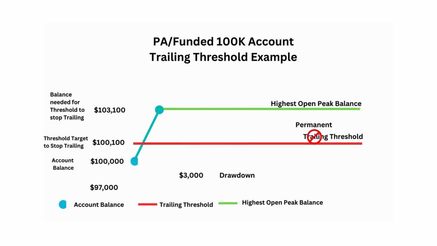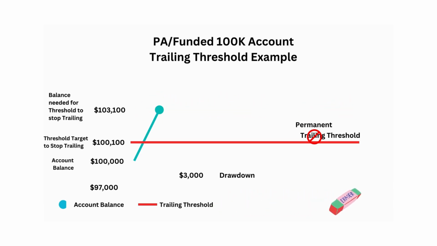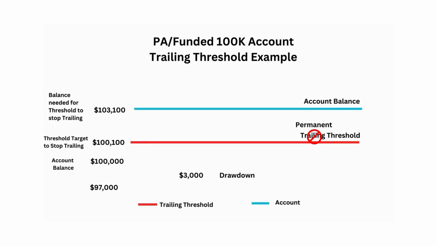It's important to emphasize that the trailing threshold needs to reach $100,100 in order for the threshold to stop trailing, not your open peak balance or account balance. With a threshold fixed at $100,100 and no longer trailing the peak balance, monitoring the peak balance is no longer needed. Remember, during the period when the trailing threshold is active, it follows the live upward movement of the peak balance.